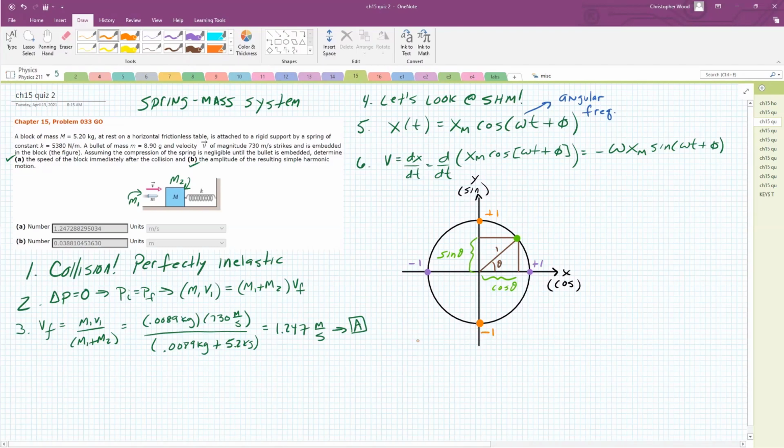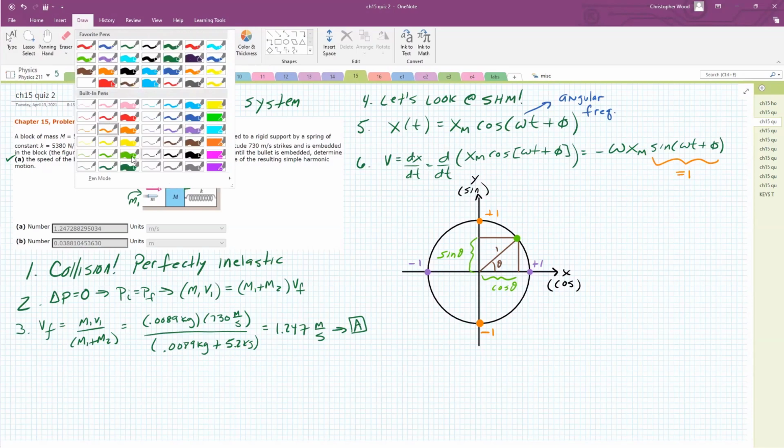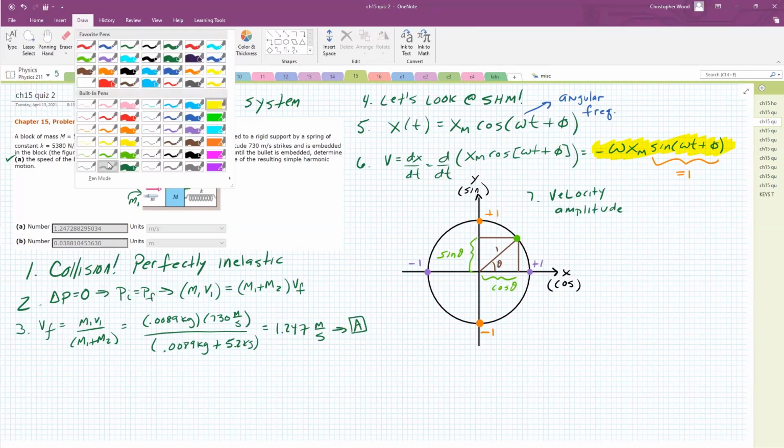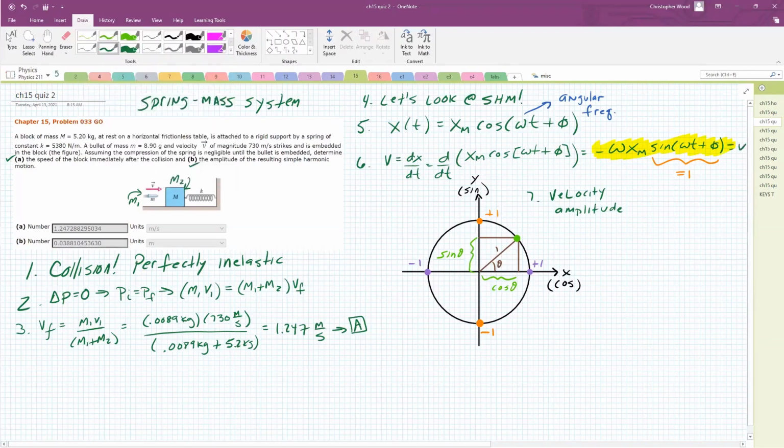I'm doing this for a reason, even though you might know this very thoroughly. The maximum value the sine function can ever attain is 1. So we have a term called velocity amplitude. It's the same naming convention. Velocity amplitude is the maximum value of velocity. The good thing about this expression is that it tells me my velocity at any moment in time, because this equals velocity as a function of time.